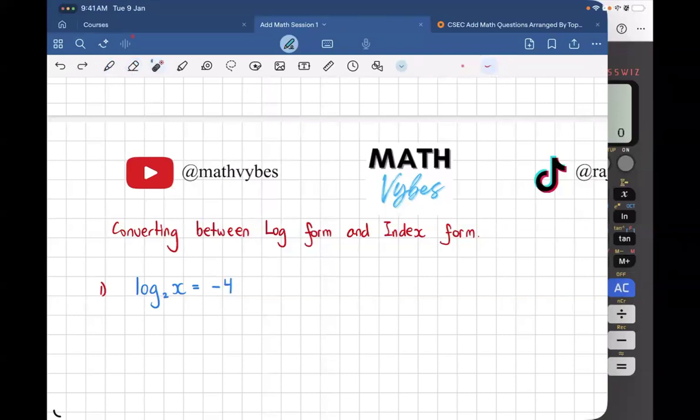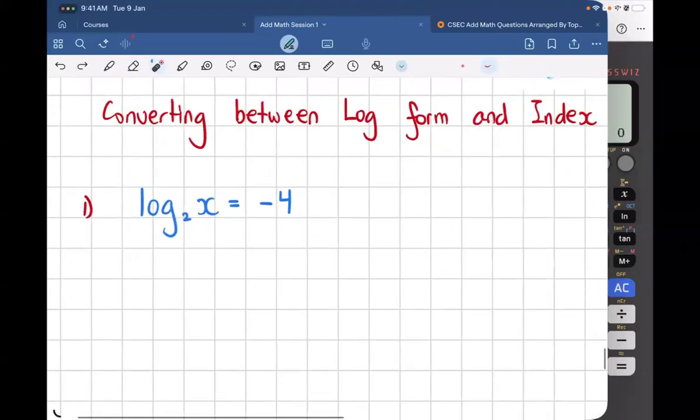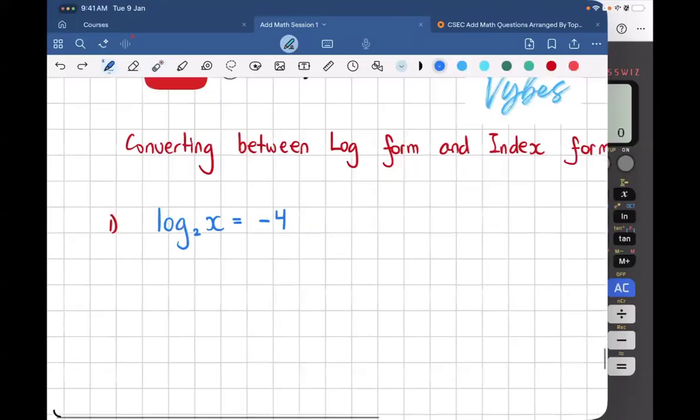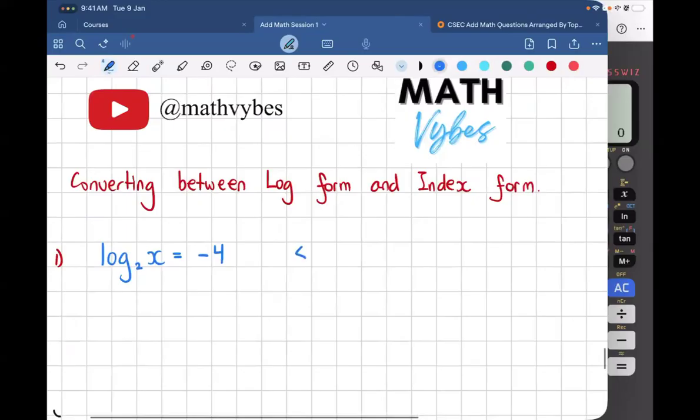So in other words, Shay, I'm asking you, if 2 was the base, so here we're going to convert that to index form. If 2 was the base and -4 is the power, what would the number have been? What would the argument have been?